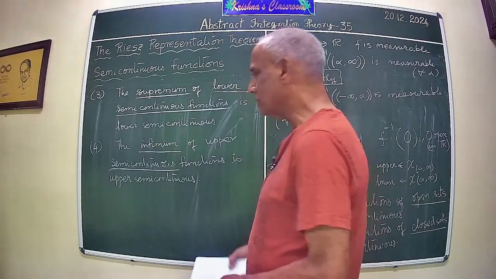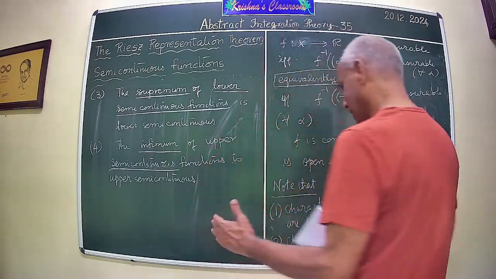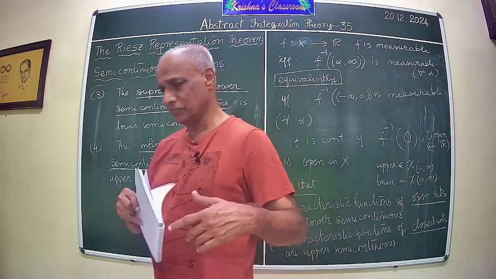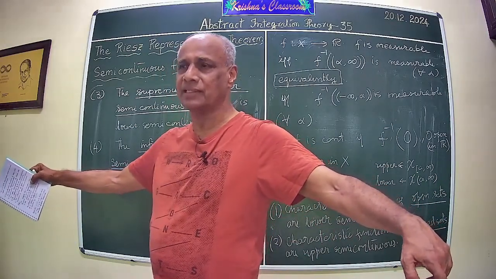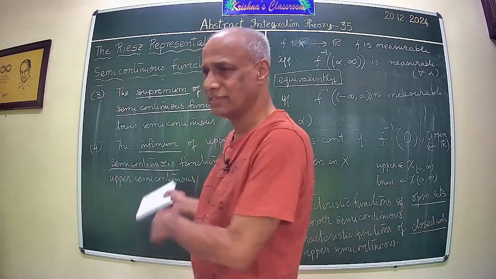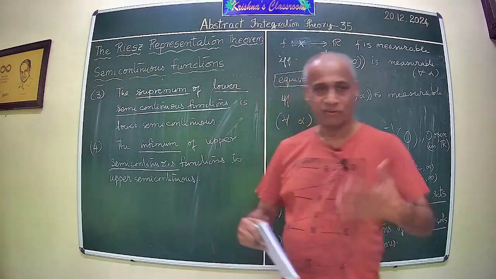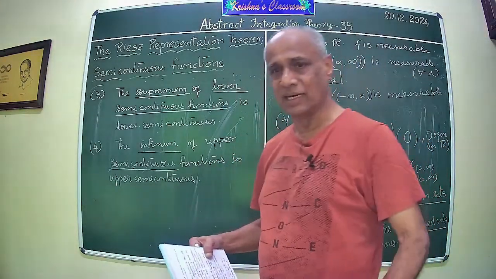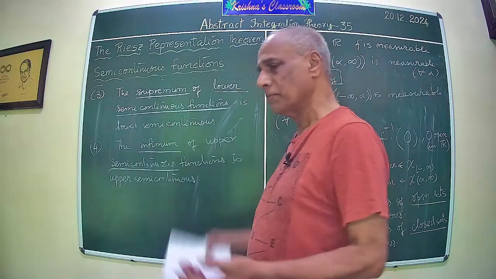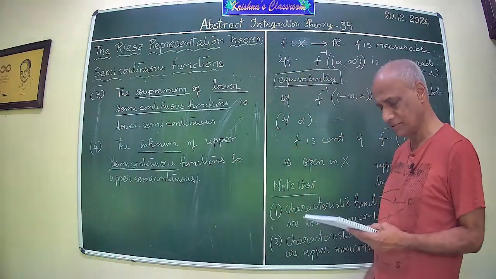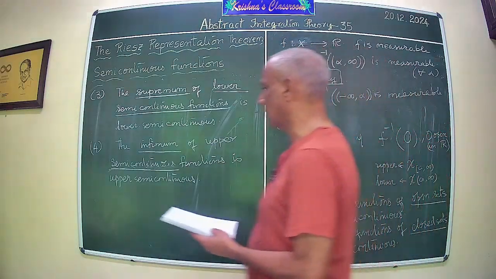That is because the sigma algebra consists of both open sets and closed sets, whereas here it is not so. We are working with tau as the collection of open sets, and only with reference to tau are we making all these definitions. Okay, so that's a remark.